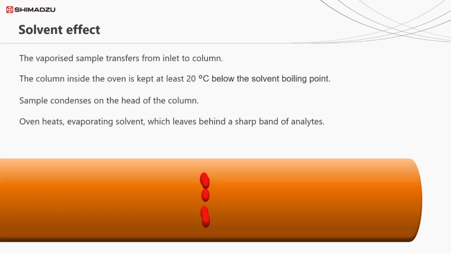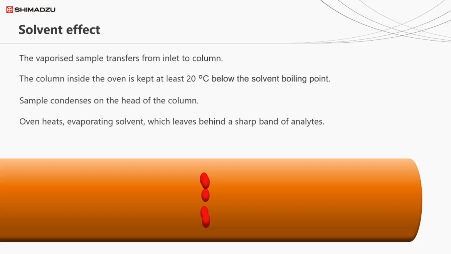So, by reducing the oven temperature below the solvent boiling point, waiting for all the sample to transfer onto the column, and then heating the oven up, we're able to use the solvent to refocus the analytes into a very small band, which gives them nice, sharp peaks. Remember that this is reliant on a solvent that is much more volatile than the compounds.